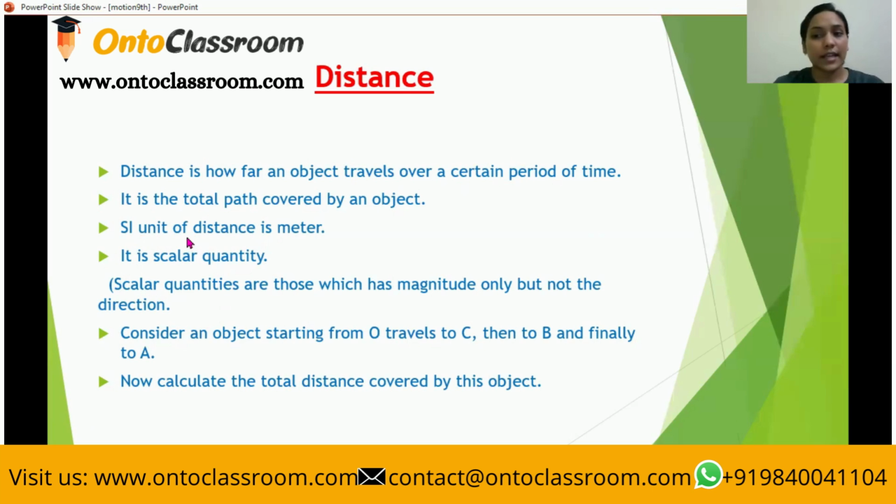Distance is measured in meter, any force in the world will be measured in Newton, and mass will be measured in kg. These units in which we can measure any physical quantity are known as SI units. SI units are applicable all over the world. Across the whole world you will be using the same unit for distance.